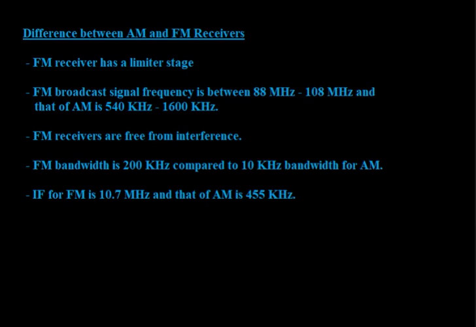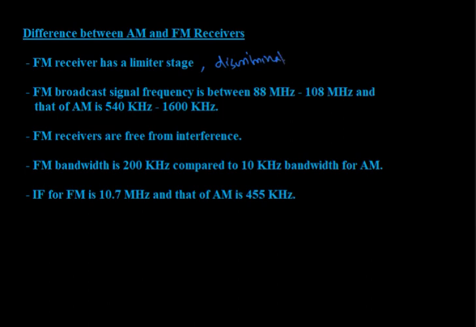The first one is in construction. If we compare them, then the FM receiver will have two additional stages. One is the limiter stage, and another one is the discriminator stage.